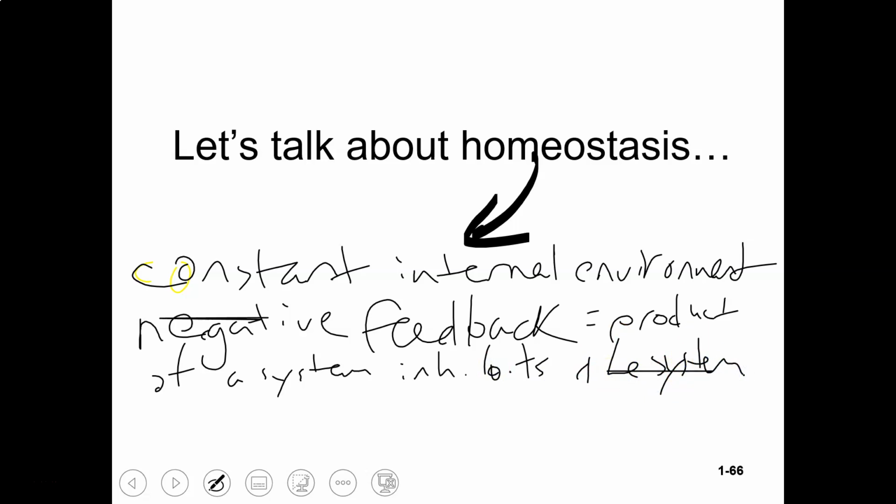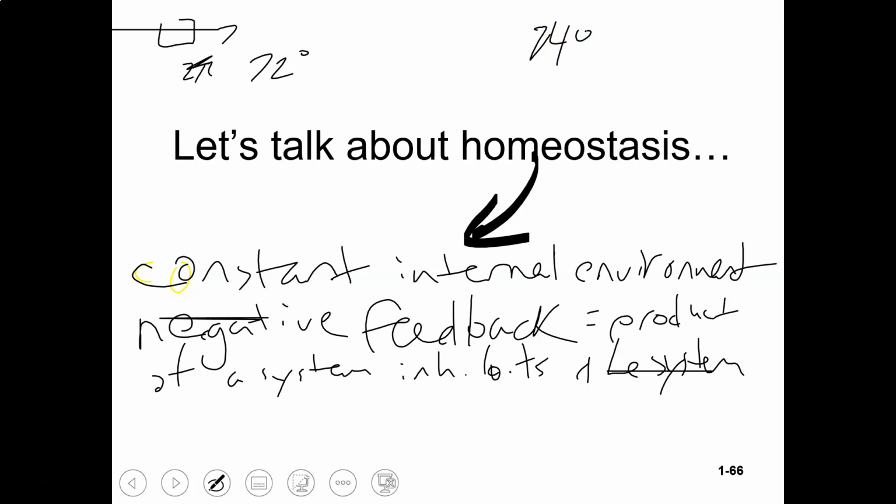So let's think real world example here. The thermostat that is currently in the room you're in. That thermostat on the wall. Now you set the thermostat at 72 degrees. All right. Temperature in the room is 74 degrees.